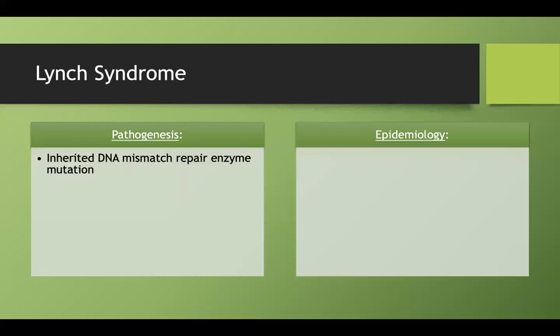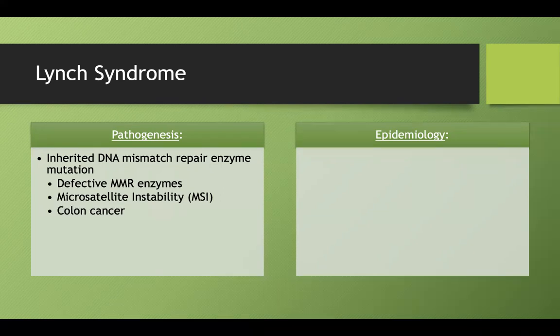So Lynch syndrome is an inherited DNA mismatch repair enzyme mutation. Just as FAP was our germline APC mutation, this is our germline mismatch repair enzyme mutation. So if you have defective MMR enzymes, you're going to get microsatellite instability, and you're going to ultimately have colon cancer.